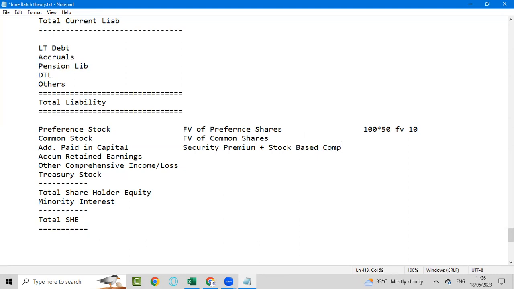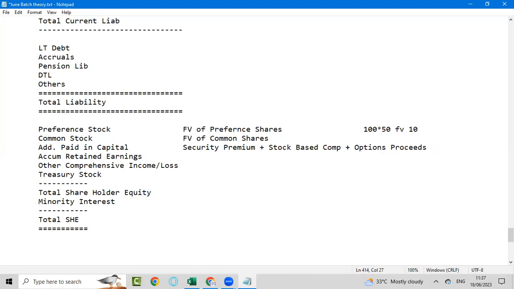Stock based compensation plus option proceeds. Once you convert option, there is a price that you receive. That price is called strike price, exercise price. So that amount you will show here as option proceeds.